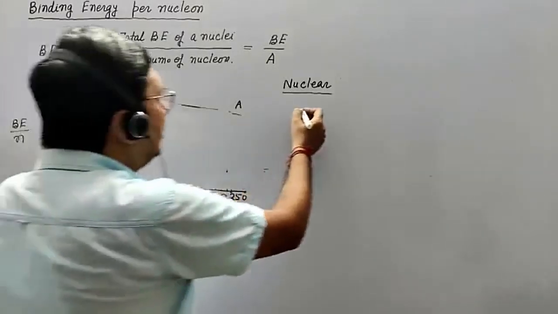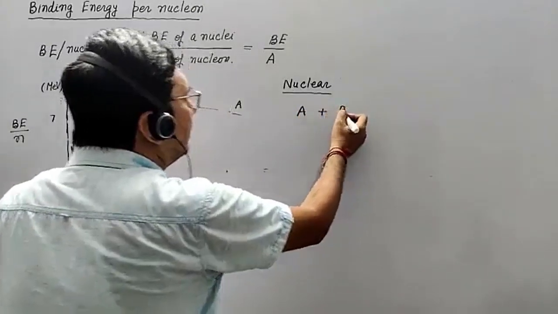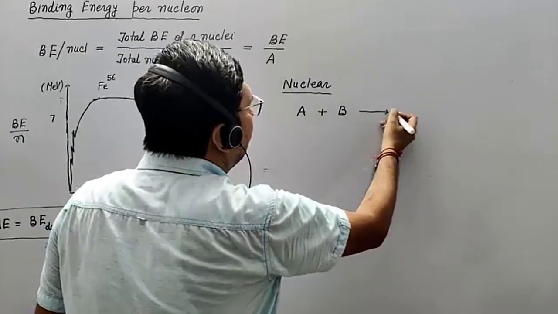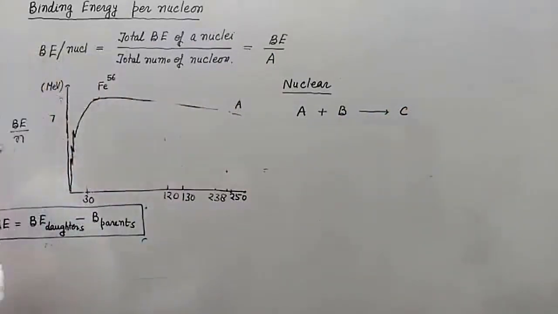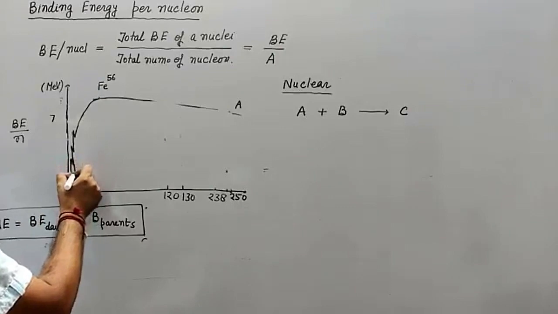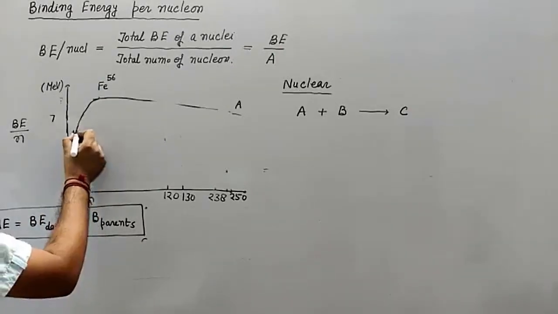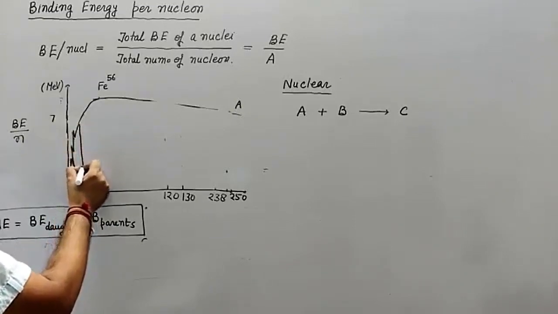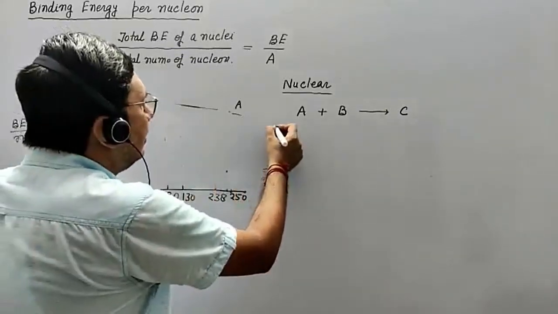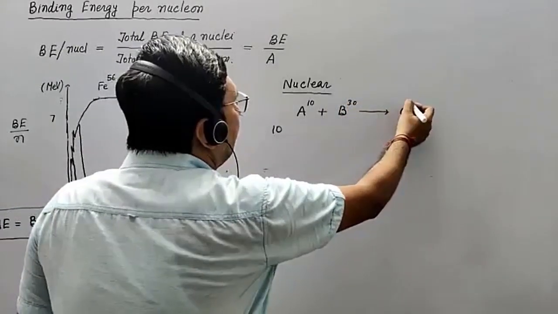In nuclear fusion, we have two nuclei whose A number is less. They fuse together and form a heavy nuclei, C. Suppose we have a nuclei here whose mass number is 10, and I'm considering another nuclei whose mass number is 30. So this will become 40.